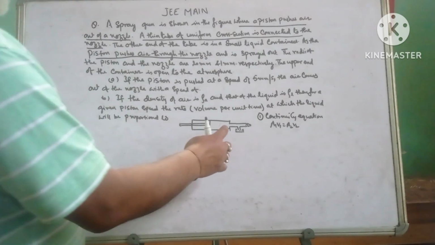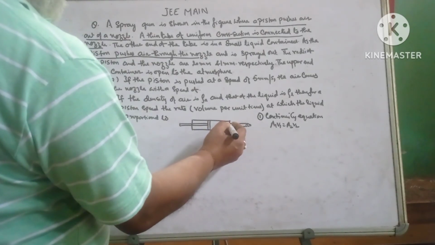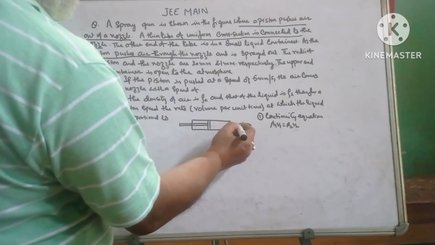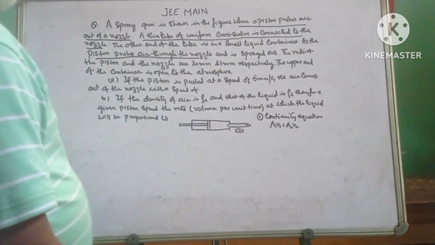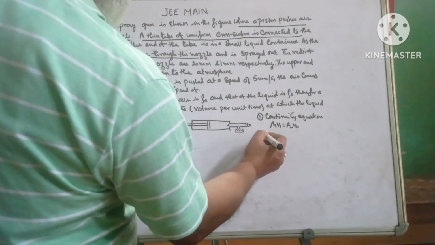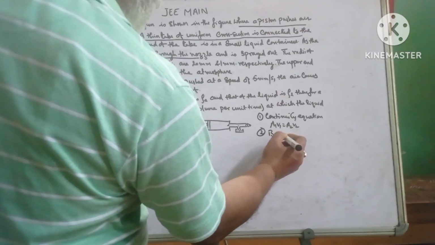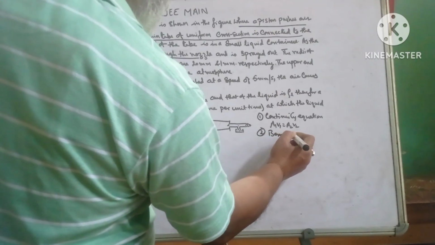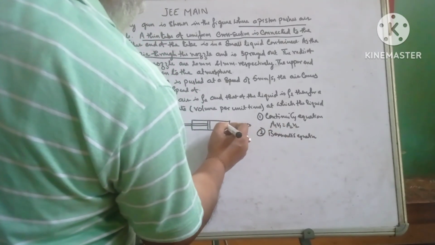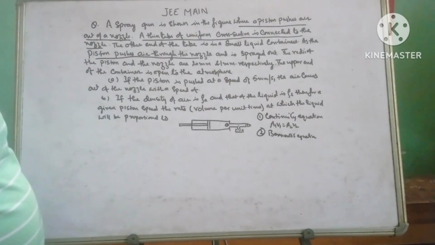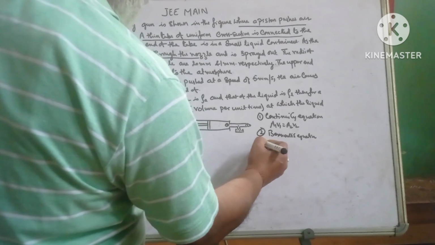And since your velocity increases, if you take the help of Bernoulli's equation for these 2 points, we will find that there will be a drop in pressure.